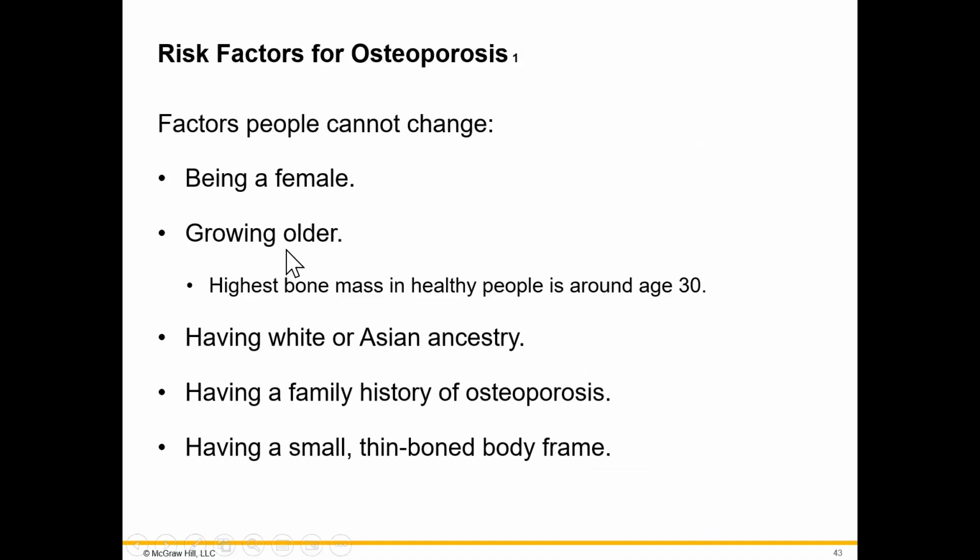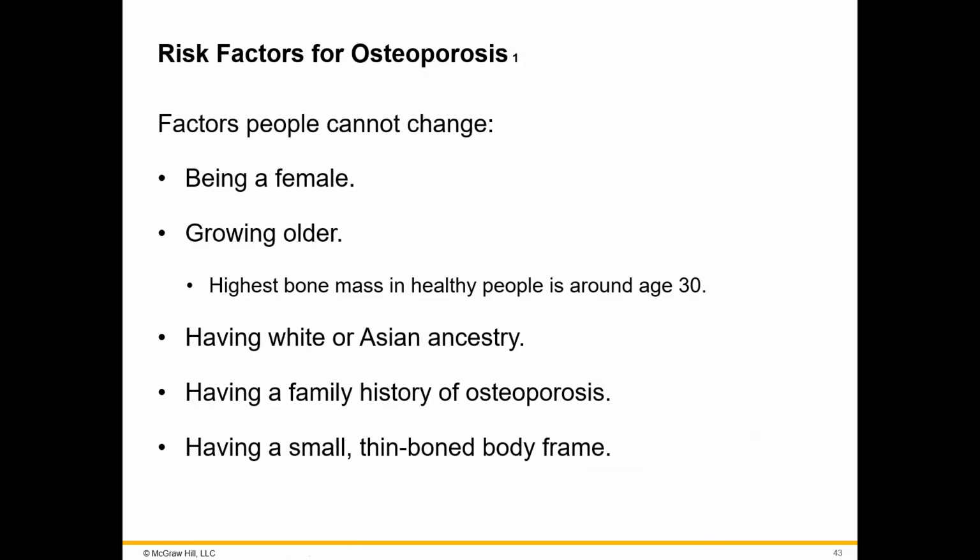Even in men, although men are always producing testosterone, so it's not as prevalent, it does happen in men. Also, people with white or Asian ancestry, a family history of osteoporosis, and smaller built people.